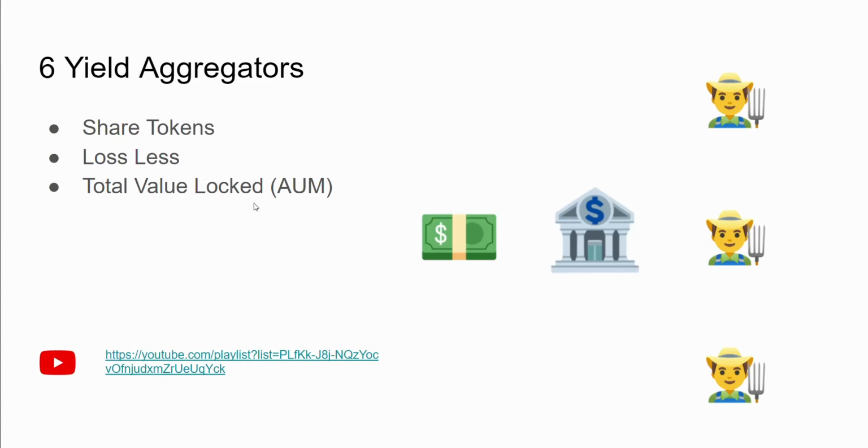Now, total value locked, assets under management. This is also important because the reason why I put this here is so I can highlight the idea that some of these yield aggregators in the past, not too much now, have used total value locked in order to kind of entice people.